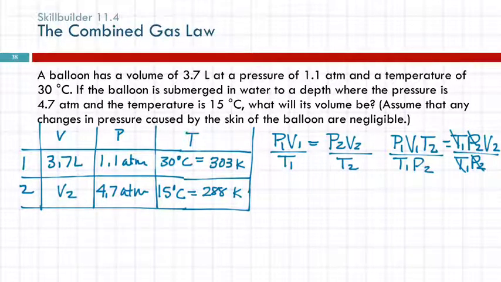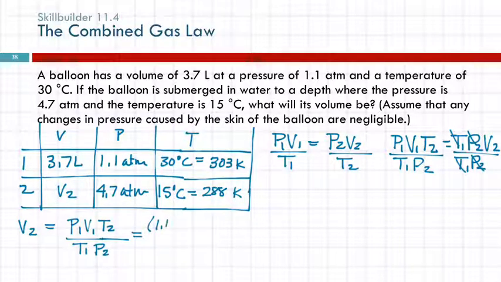So volume 2 would equal P1V1 over T1, and then T2 on top and P2 on the bottom. So now I just plug in the values. 1.1 atmospheres for pressure 1.